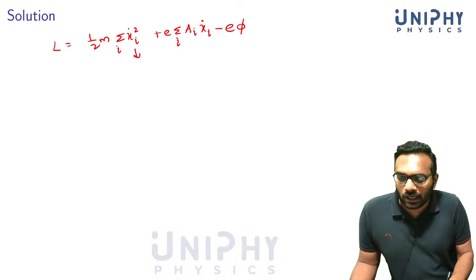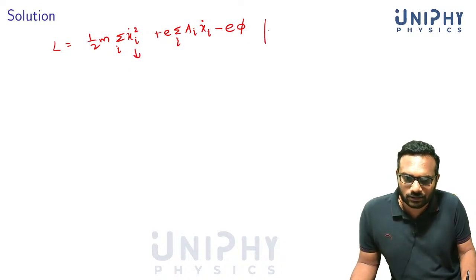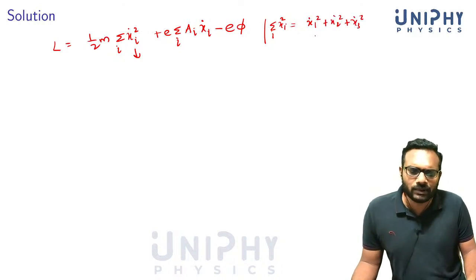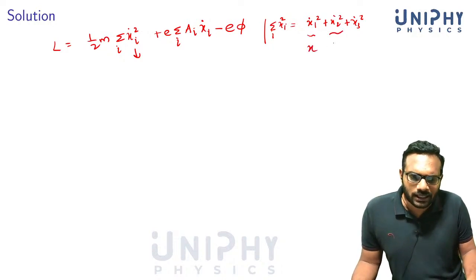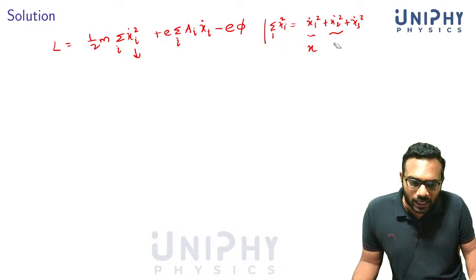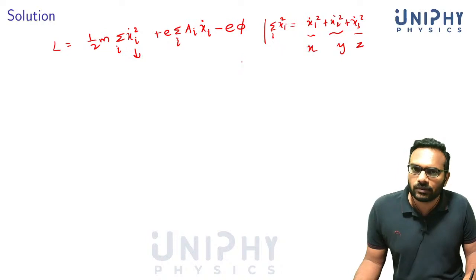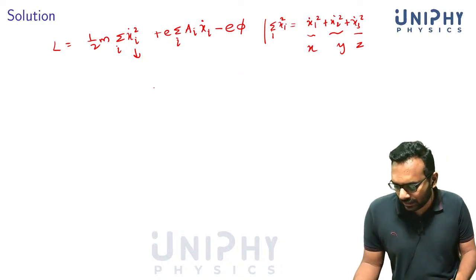By this summation over i xi dot square, what I mean is x1 dot square plus x2 dot square plus x3 dot square. I have made use of a convenient notation whereby x1 stands for x, x2 stands for y and x3 stands for z, that's all. So it's basically x dot square plus y dot square plus z dot square.